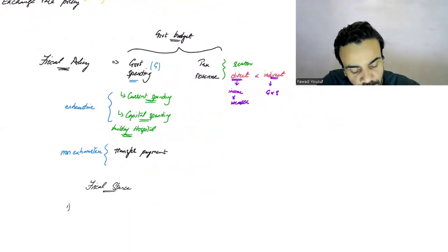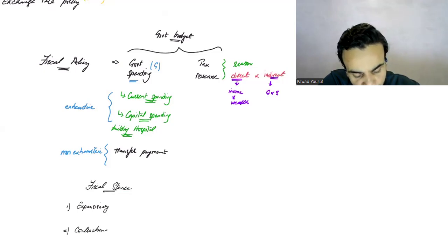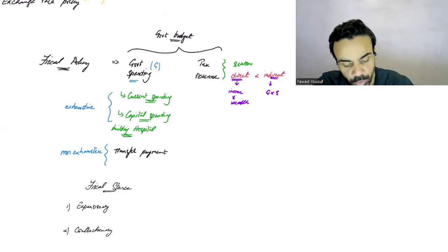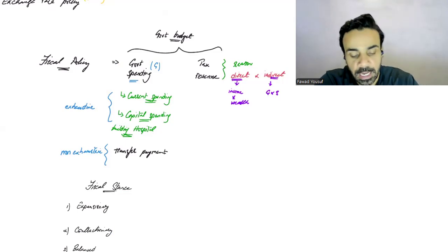One was whether the government is going for an expansionary fiscal policy, or is the government looking for a contractionary fiscal policy, or are they going for a balanced one, right? Now what is in this?